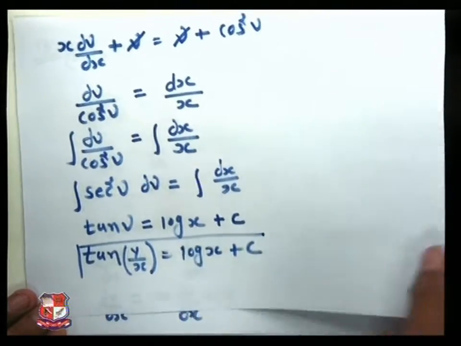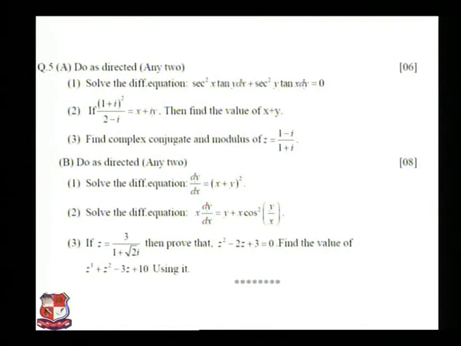Now we move to our next question. Z is equal to 3 divided by 1 plus under root 2i.